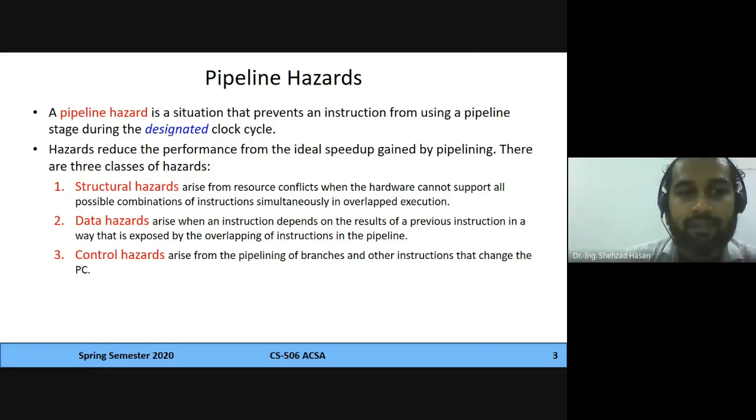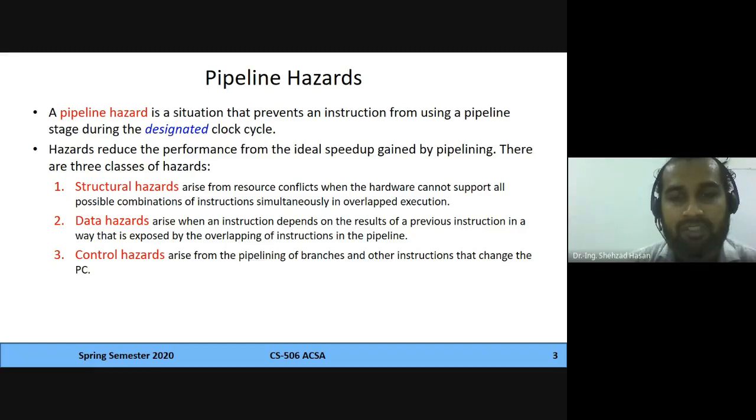And the third hazard is the control hazard, which is because of the branch instruction. When you have branch instructions, you usually change the flow of your program. You jump from one position to another. But in a pipeline, you always fetch the next sequential instruction, while branches are going to jump to a new position.